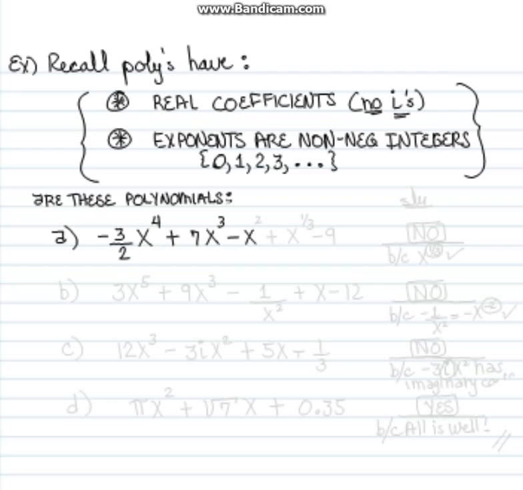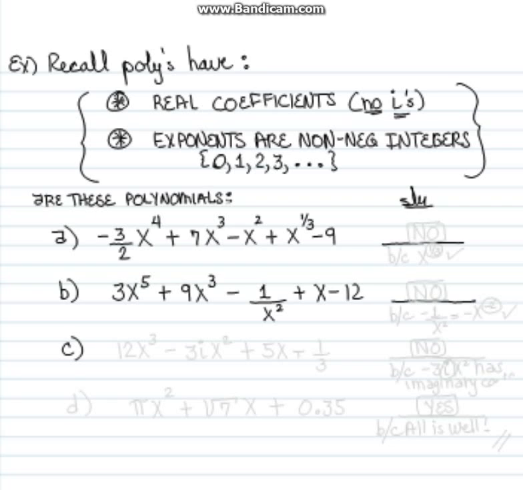-3/2 times x to the fourth plus 7x to the third minus x squared plus x to the 1/3 minus 9. And the answer is, well, let's look at part B. 3x to the fifth plus 9x to the third minus 1 over x squared plus x minus 12. Think about that one.